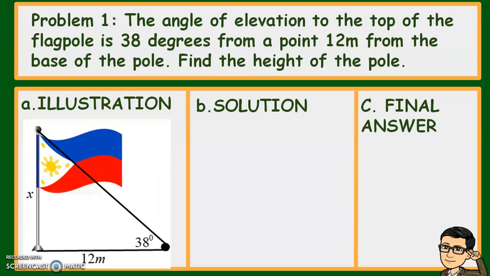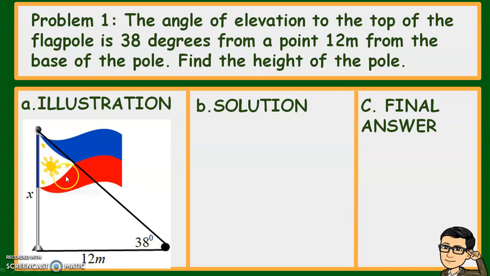So we have to apply all the information needed from your given problem. This will be our unknown, represented as variable x. And then this will be our angle of elevation, which is 38 degrees. And the distance from the base of the pole going to a certain point, which is 12 meters.